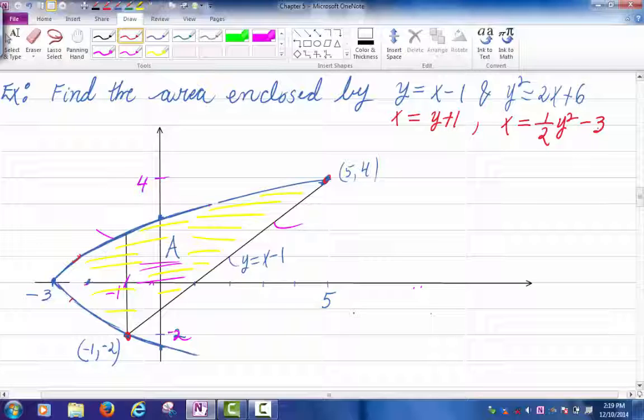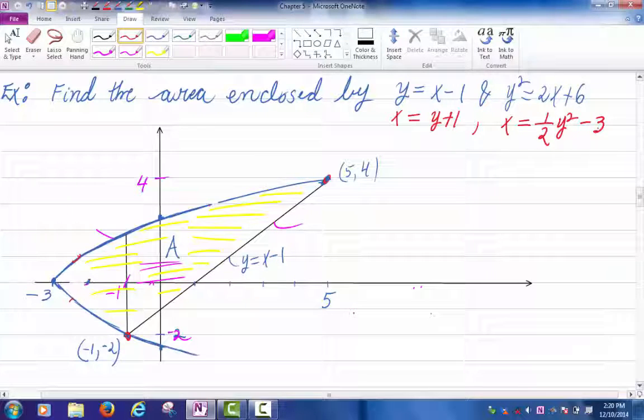Okay, what is the graph of x equals y squared? Forget about the half. What's the graph of x equals y squared? It's a parabola that opens to the right with vertex at 0, 0, right? Now with the half, it doesn't change the vertex, right?